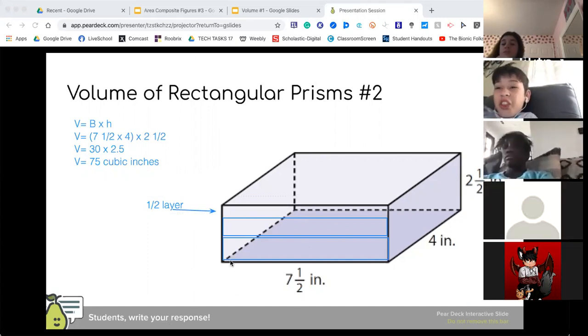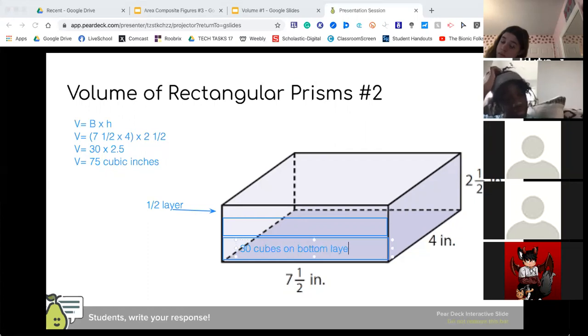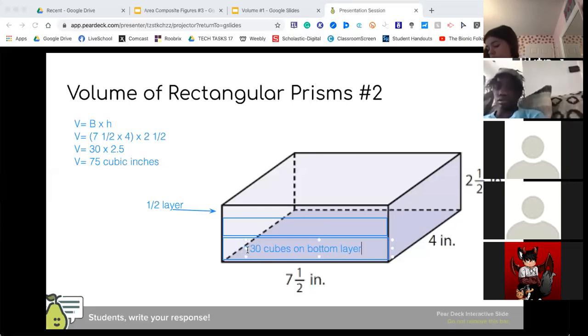It has a half layer in it, right? Yep. Okay. So on the bottom row, there are 30 cubes. Does everybody agree there are 30 cubes on the bottom row? Yes. So I'm going to put that in right here. 30 cubes on bottom layer, right? Because 7.5 times 4 is 30 cubes. And I know that because it's 7.5 times the 4 over here. Does everybody see where he got the 30 from?